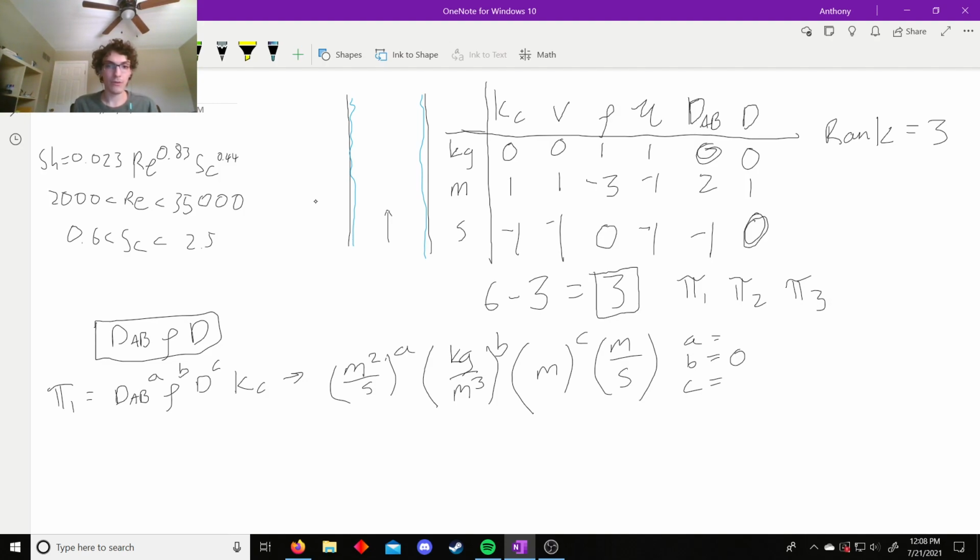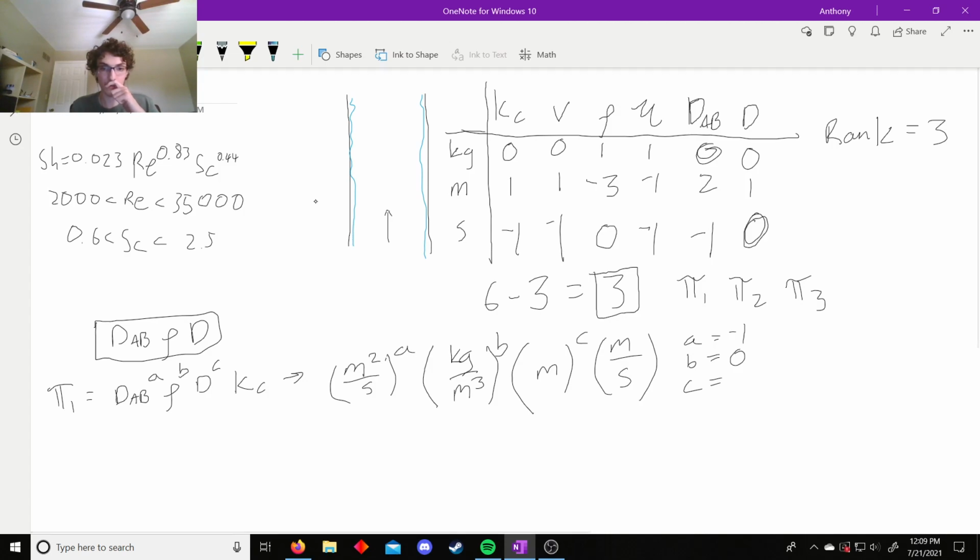So we know B is 0. The next thing we want to look at is this seconds on the bottom here. The only other place we have seconds is in this expression raised to the power of A, and we want this seconds to be on the opposite side in order for them to cancel. So that tells us that A is going to be -1.